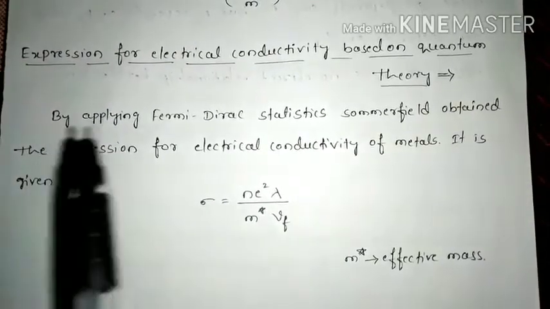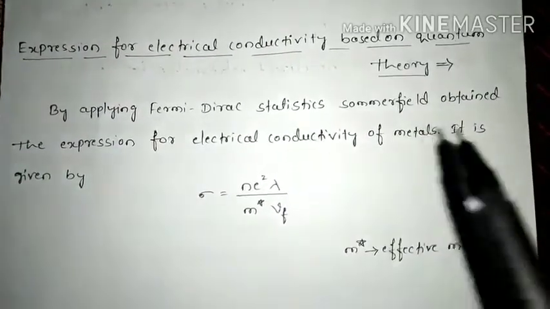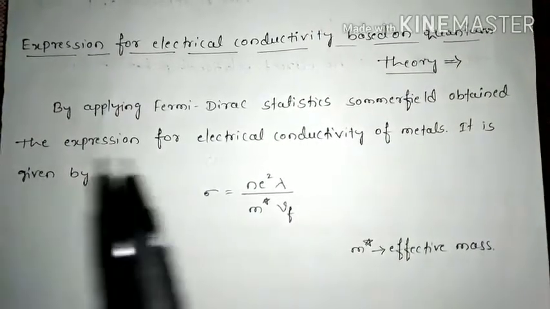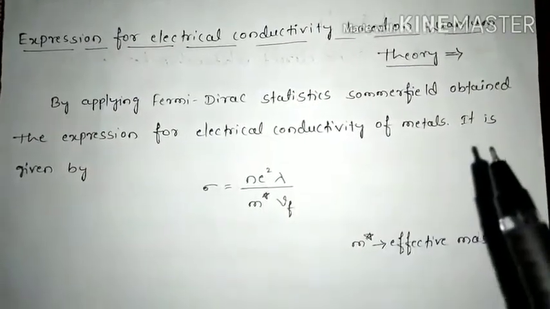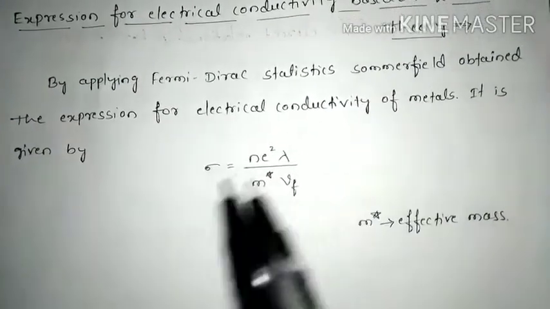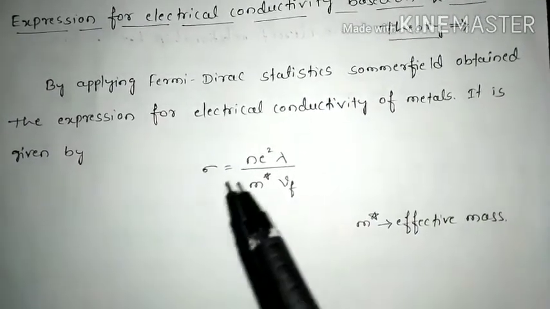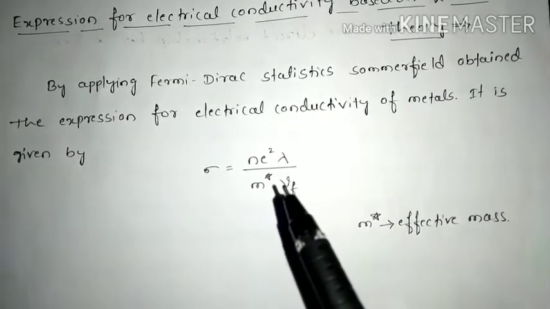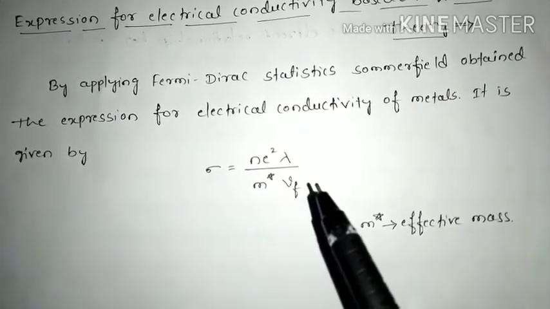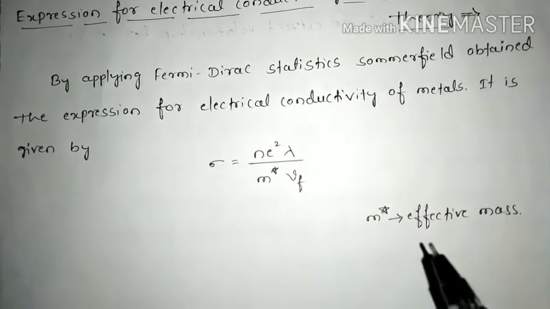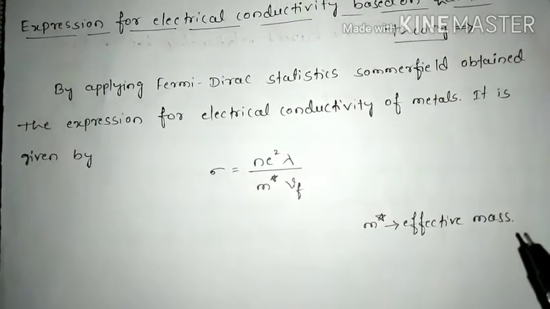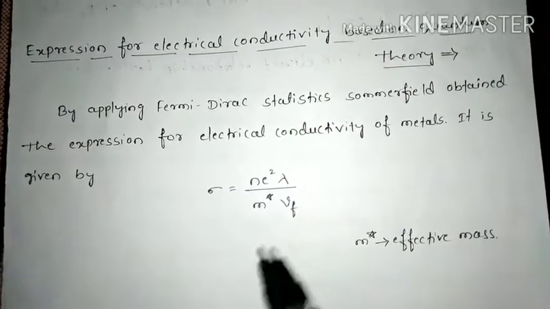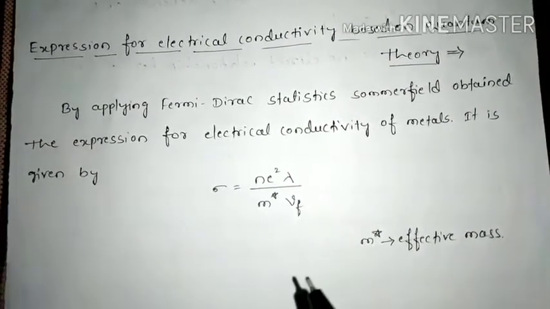By applying Fermi Dirac statistics, Sommerfeld was able to obtain the expression for electrical conductivity of metal, given by sigma = n e² lambda / (m* Vf), where m* is known as effective mass. This is the expression for electrical conductivity based on the quantum free electron theory.